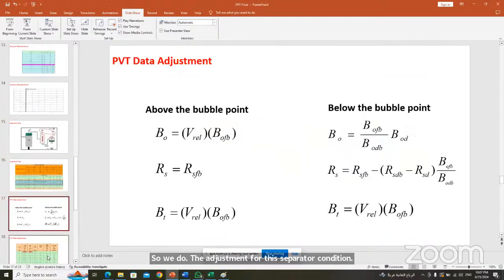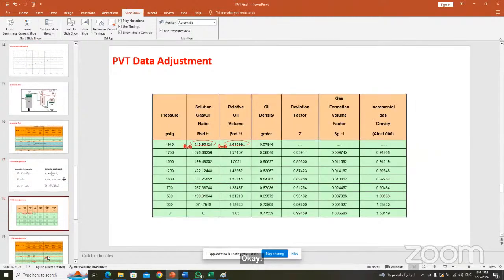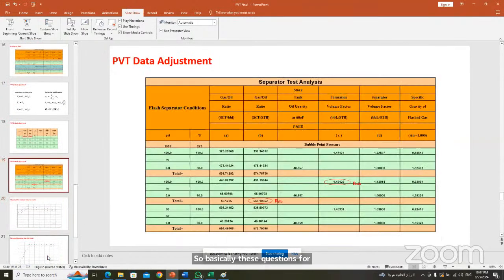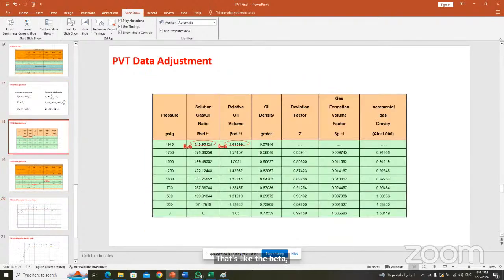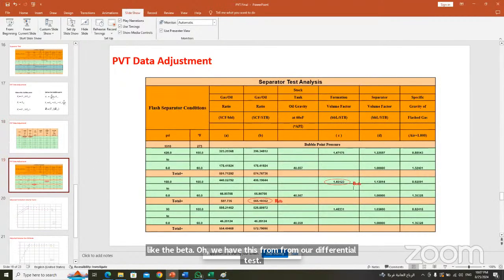Basically, these are the equations for the adjustment. The basic idea, it's not exact, but the basic idea is that we will take the trend of the CCE differential test. Now we have a beta O at the bubble point from our differential test, and we have this value from the separator test.